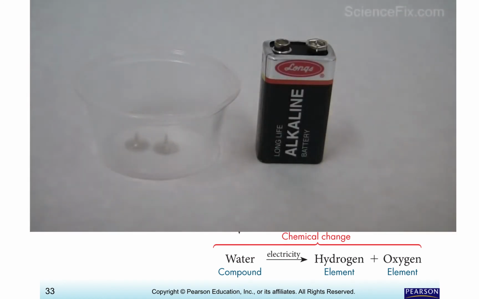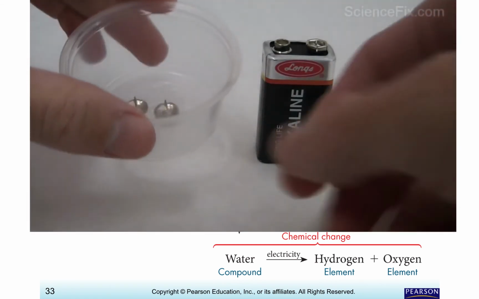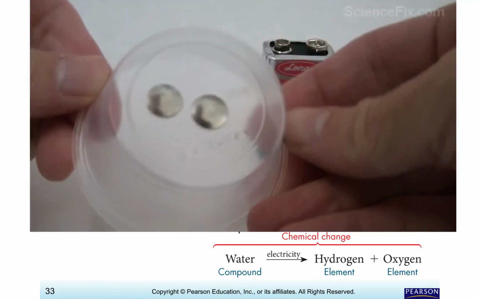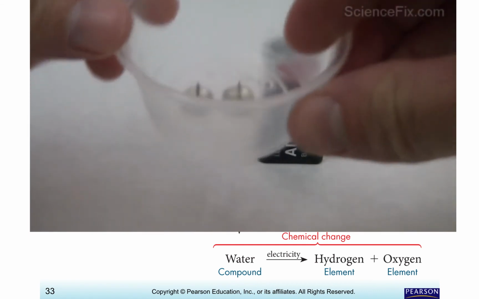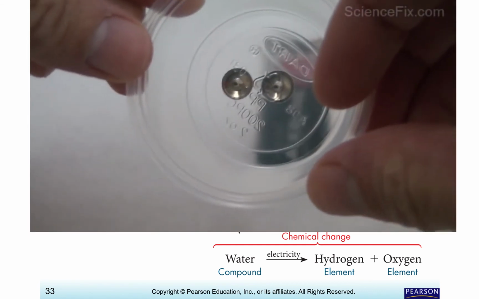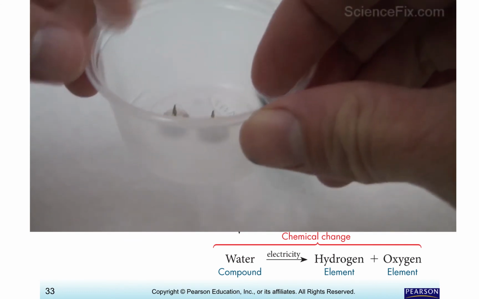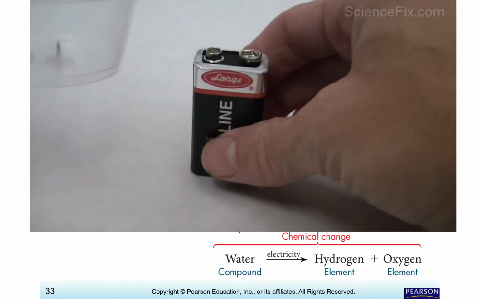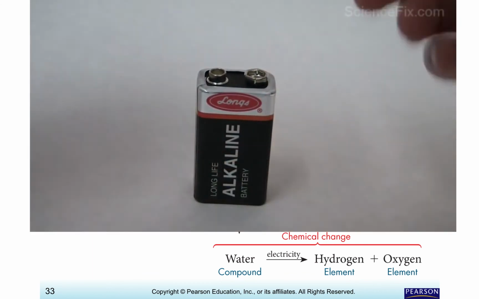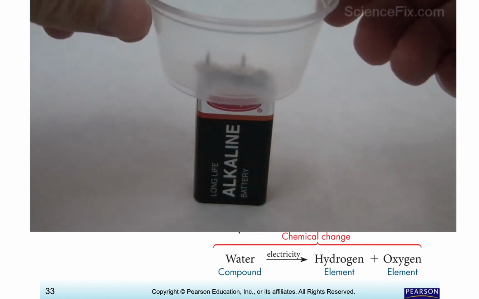Right here we have a simple electrolysis apparatus. In that small plastic container are 2 metal push pins, inserted a distance apart that's between the positive and negative lead of the 9-volt battery. So you just insert them in there and make sure that they're that distance apart, and that should be fine.